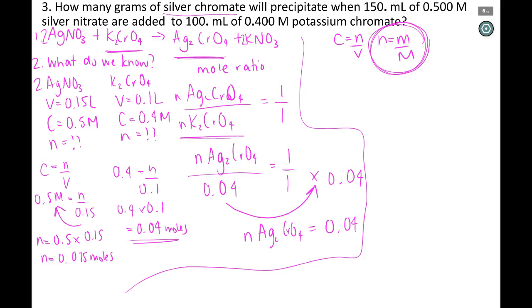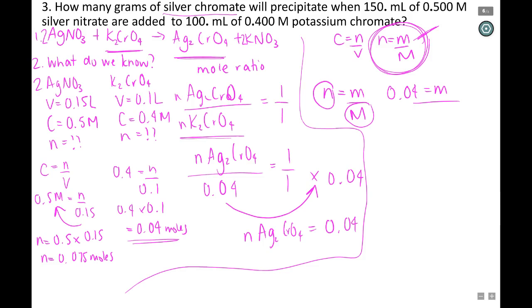The mass is what we want to find out, which is this one here. And we can work out what our molar mass is. So if we have N equals M over molar mass, we know the N, we know the molar mass. So our equation becomes 0.04 equals our mass, which is our unknown, over the molar mass of silver chromate.